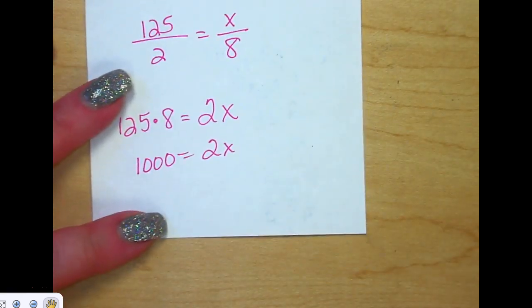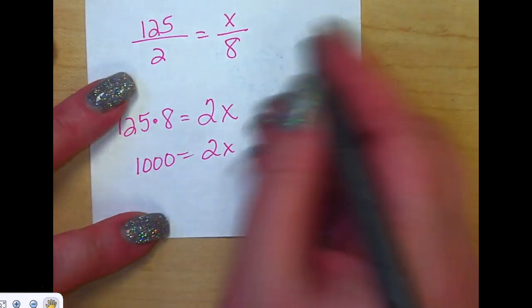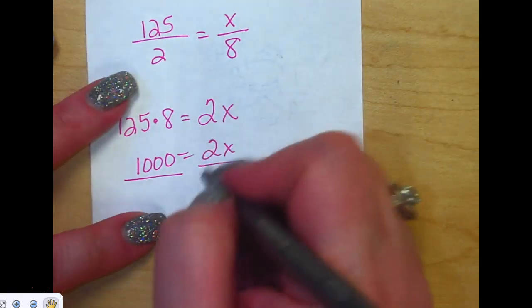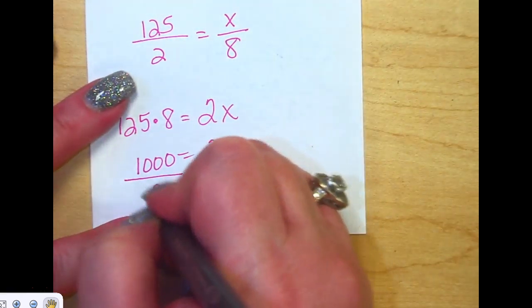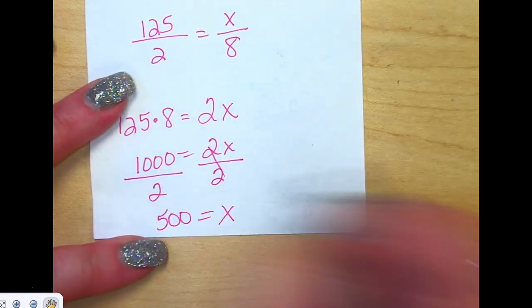And so how would I solve that? That's a one-step equation you've known how to do since 6th grade. What would I do? Divide by 1,000 or divide by 2? Divide by 2. You could divide by 2 and divide by 2, and that means x would equal 500.